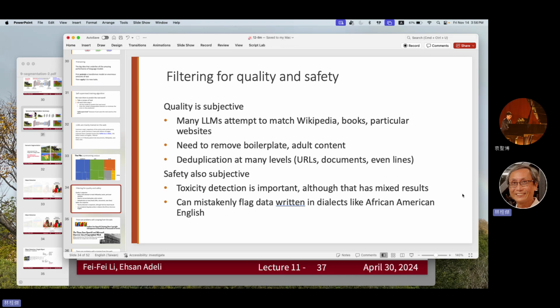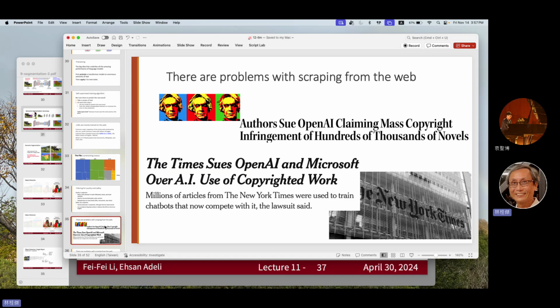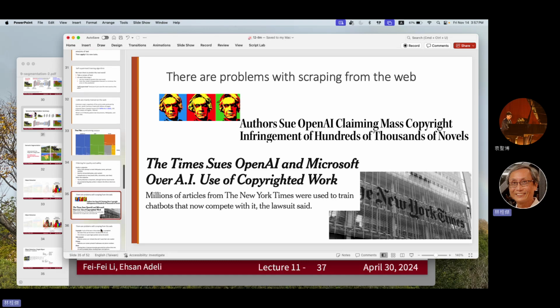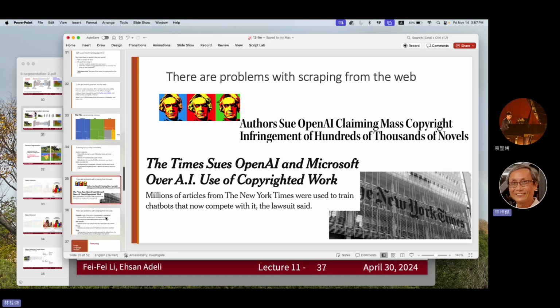And also try to not use the incorrect or unsafe information, so that the model doesn't seem kind of biased.